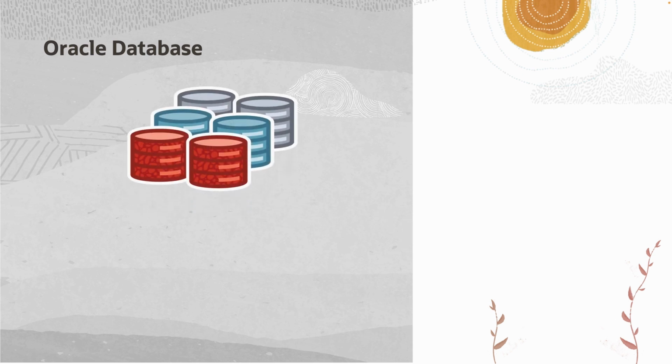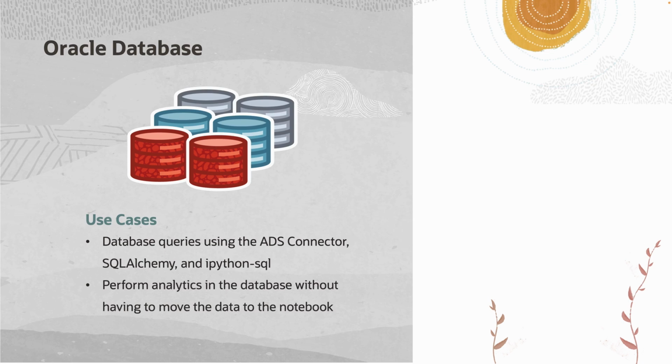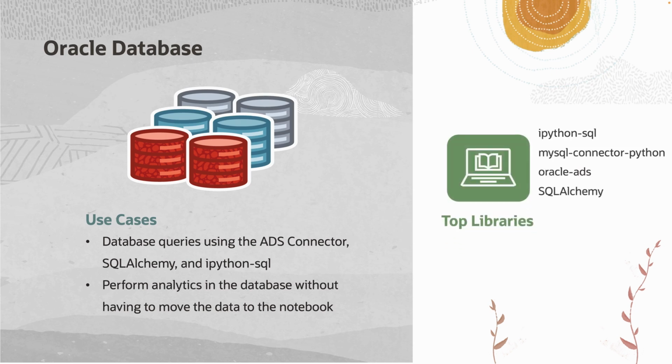Oracle Database. This Conda environment supports on-premise and autonomous database, ATP and ADW databases. Use this notebook to create ETL jobs, batch transform data, and perform database queries. It comes with such tools as IPython SQL, Oracle ADS, and SQL Alchemy.